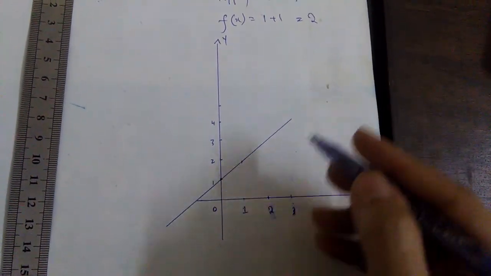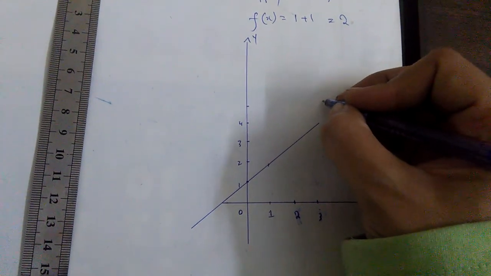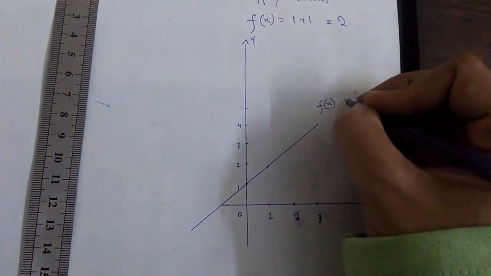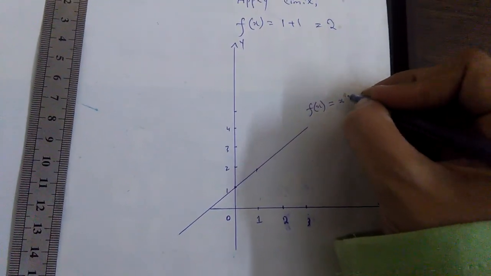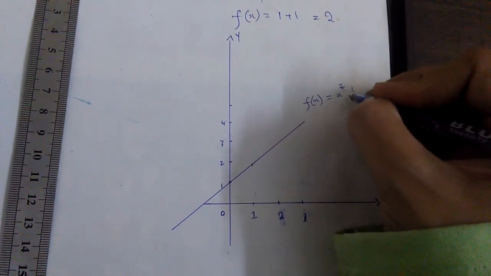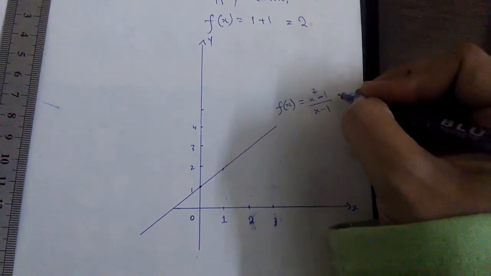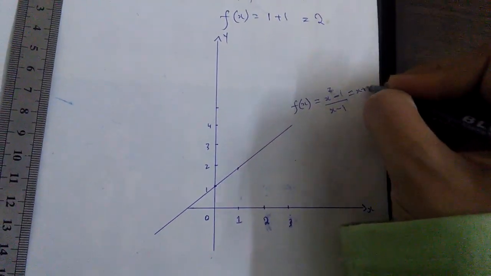So here I just tried to construct a graph of this function, y equals f of x, or f of x equals x plus 1, which is basically what was expressed as x plus 1.